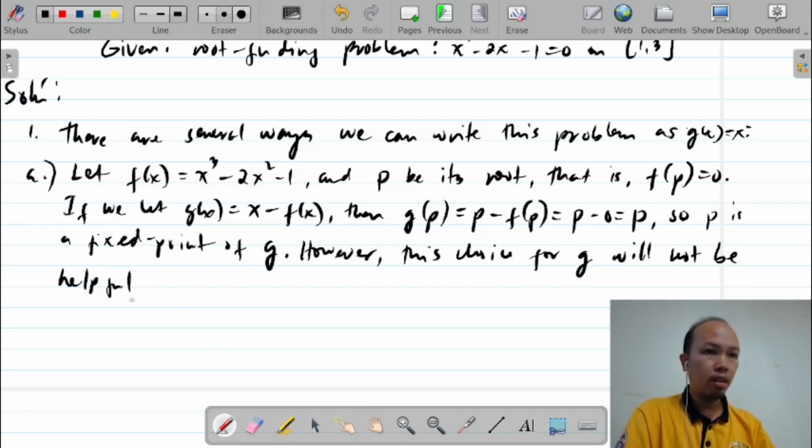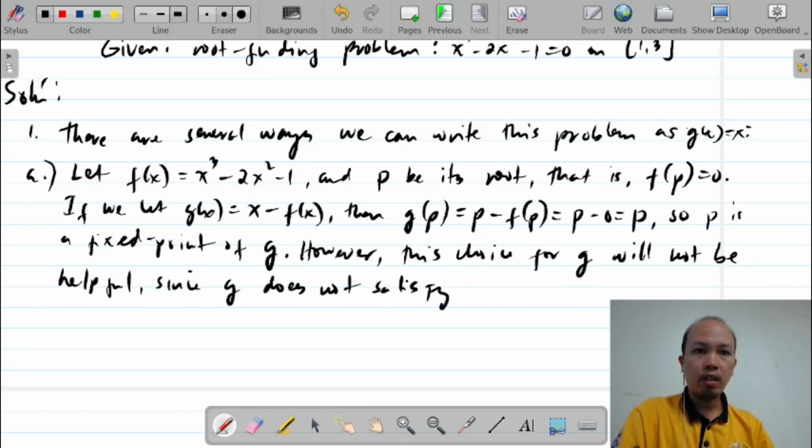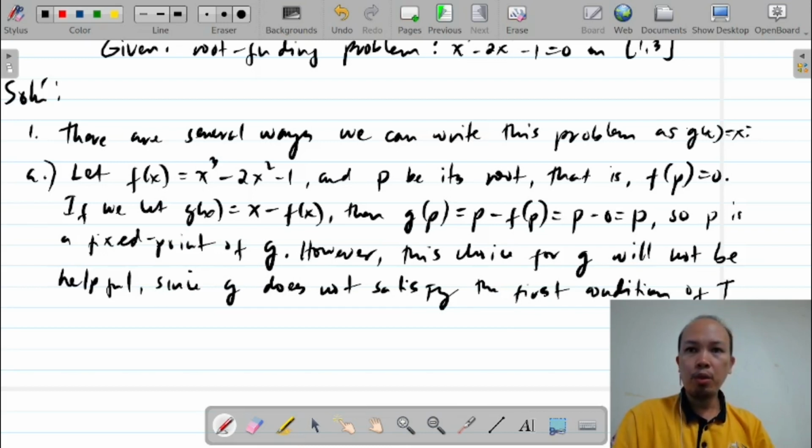The reason is that g does not satisfy the first condition of the theorem.